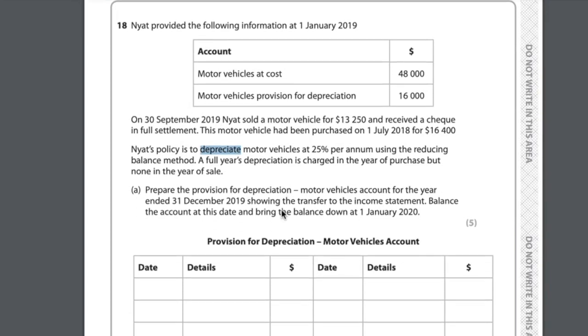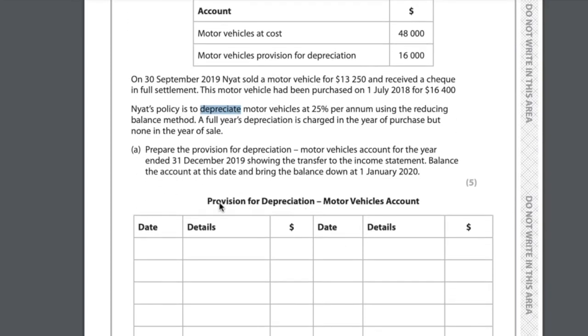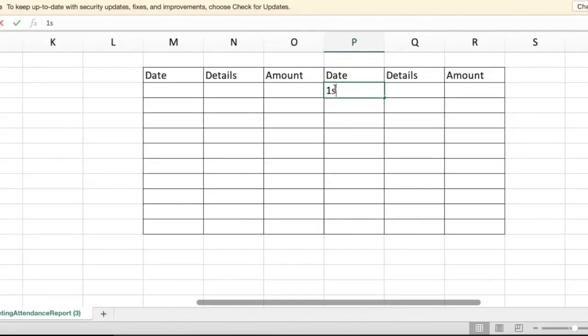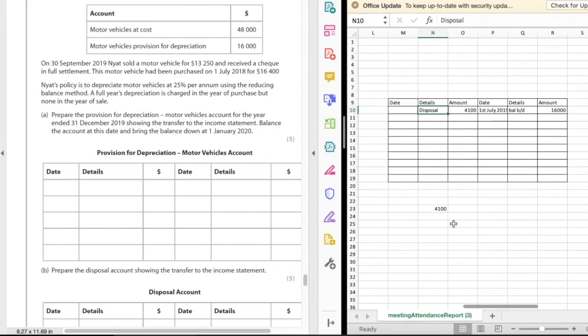Now we have to see what is the balance of the provision account. It is 1st July 2019. And then what we have to write here is balance brought down. And what is the amount? 16,000 is the balance brought down. There are two things we have to do. We can see on one side the value of the asset is given, and on the other side the value of depreciation is given, right?